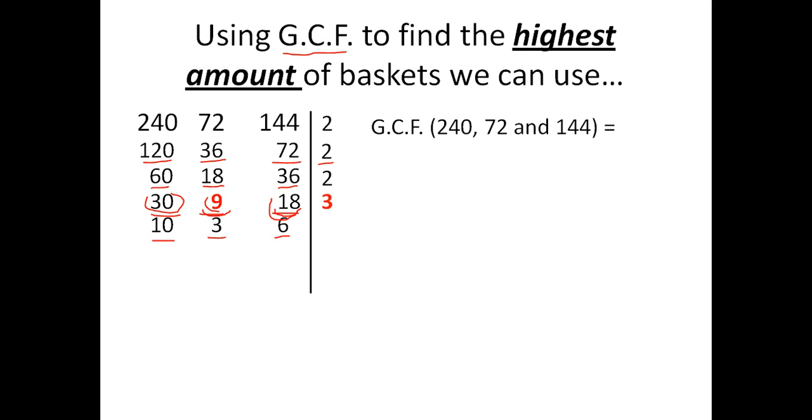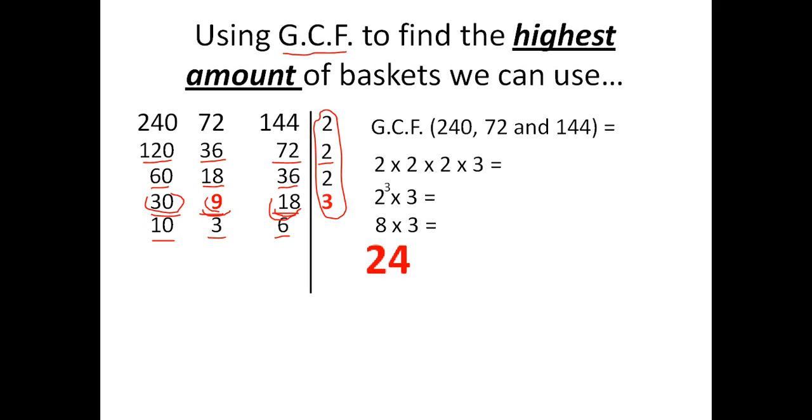This is the product of the numbers we have here. So let's do it. 2 times 2 times 2 times 3. So we have 2 cubed times 3, and 2 cubed is 8 multiplied by 3, and our final result is 24.